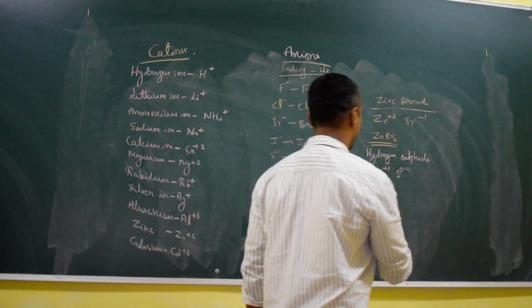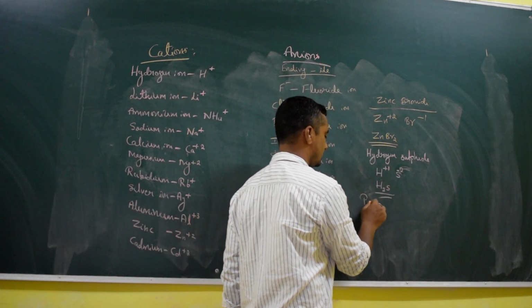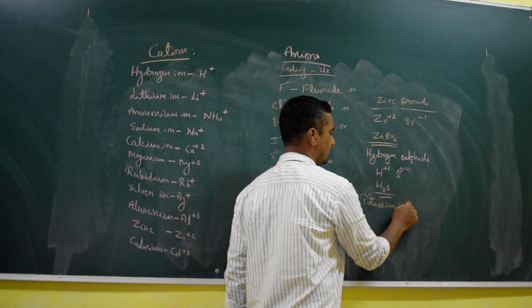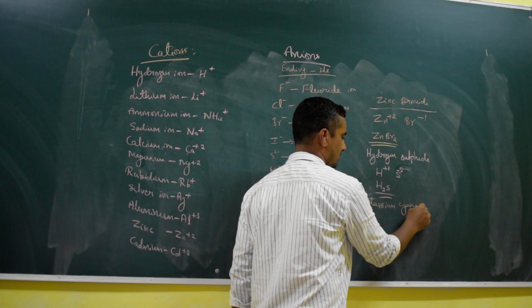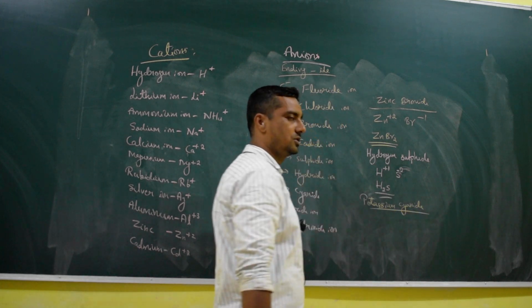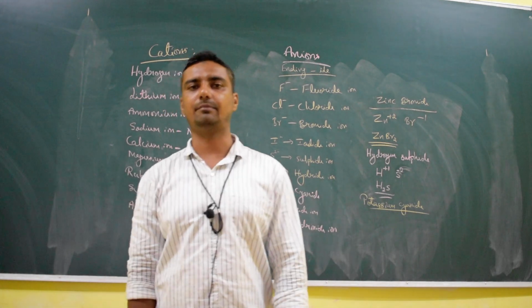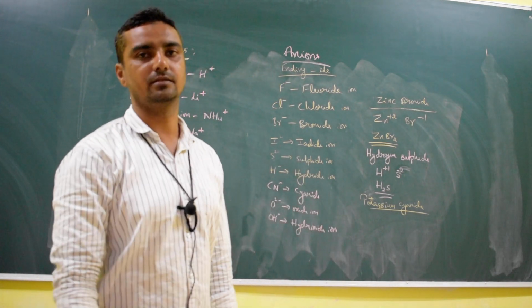Next, potassium cyanide. That's why you should know the charge, the valency of the particular atom or ion.